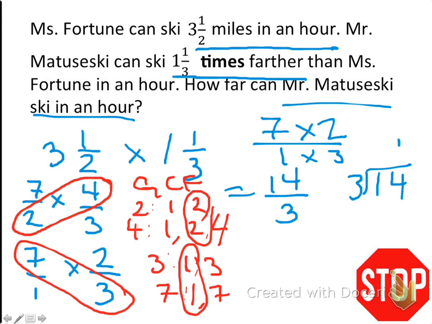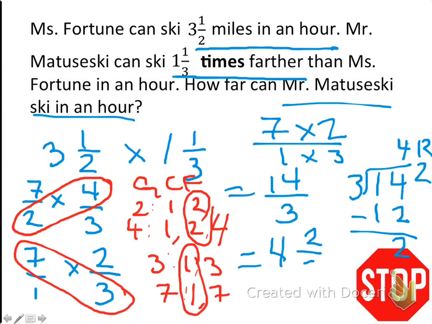It goes in 4 times. 4 times 3 gives 12. So we have 4 with a remainder of 2. We write that as a fraction with 4 wholes, because 3 goes into 14 4 whole times, with 2/3.